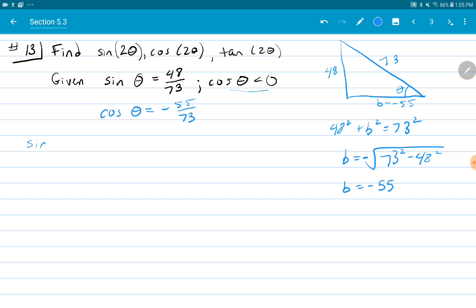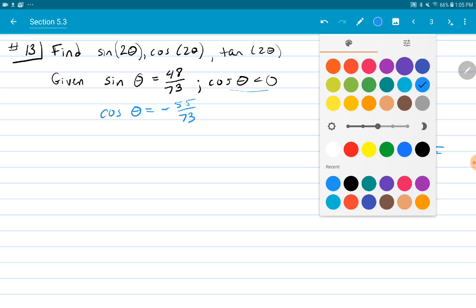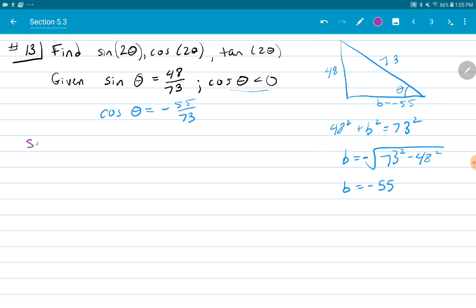So my double angle formula for sine is 2 times sine of theta, cosine of theta, which is 2 times 48 over 73, and cosine we found is negative 55 over 73.